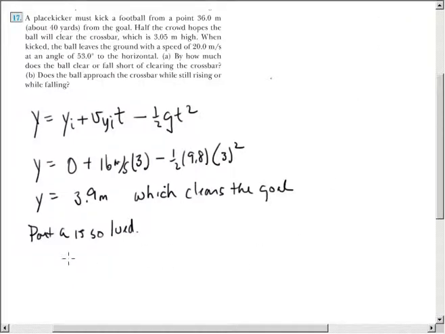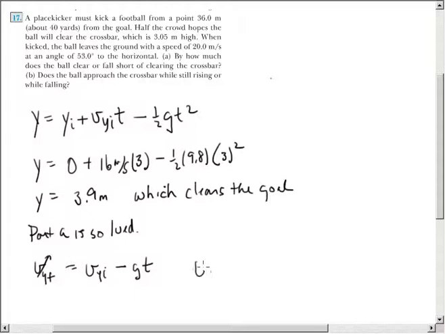Okay, well, I know that in the vertical direction, Vyf will be equal to Vyi minus gt. And we know that when it reaches the maximum, the very top, Vyf is 0.